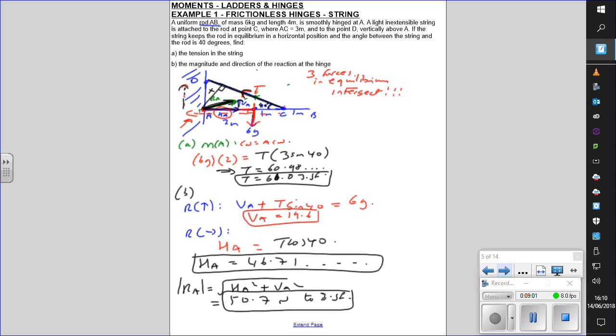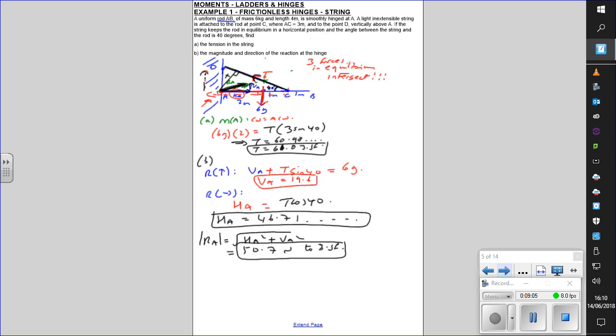That's all good. And what's the angle? So there's the magnitude, but what's the angle? It says find the direction. Well, you can see from the triangle, if that's RA, here's our HA and here's our VA, right?